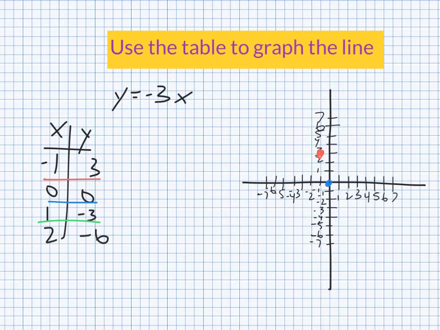Over 1, down 3. 2, negative 6, so over 2, down 6. Notice that as I draw this, the line is going down. I knew this line would be going down because the slope of this line is negative, and we'll talk about that. But that's a negative 3x. The negative means it's going to go down instead of going up.